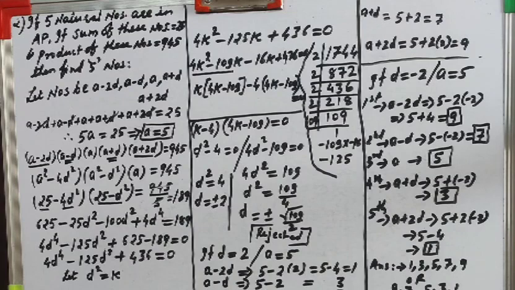But for 5 numbers, you will proceed with a minus 2d, a minus d, then a, then a plus d, and then the last number a plus 2d. There is scope in the paper that you may get this type of question. So please practice for such questions.